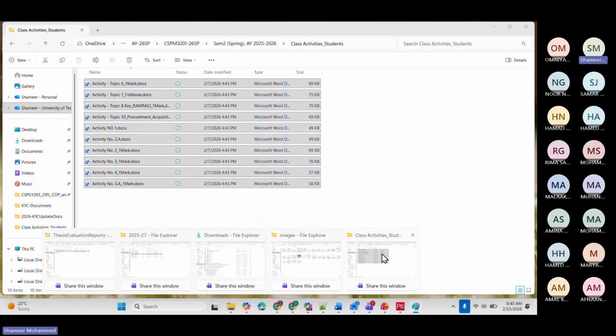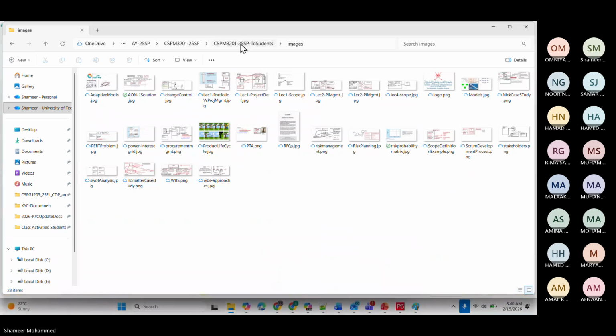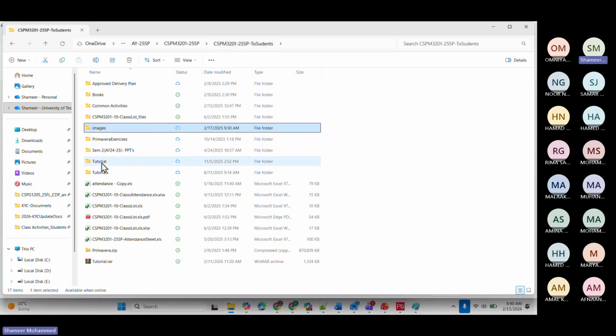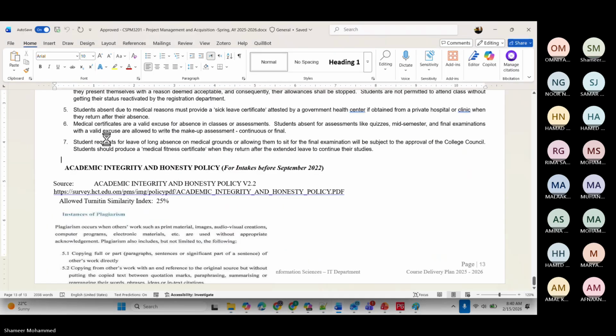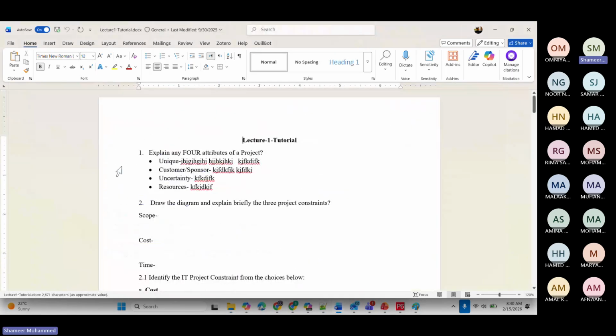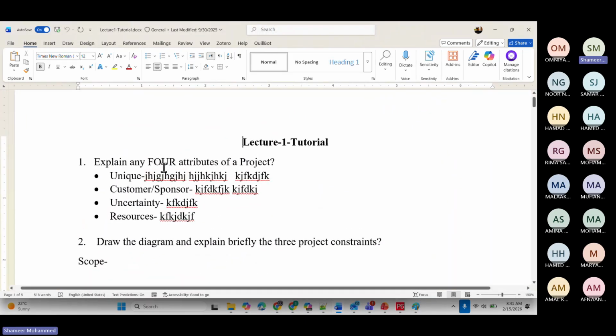I already uploaded it in the Moodle. For every lecture, I have framed some possible questions. See like this, for example: explain any 4 attributes of a project: unique, customer or sponsor, uncertainty, resources. So you have to write the answer.